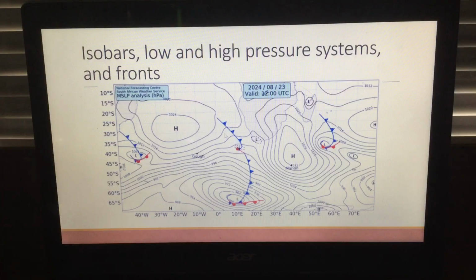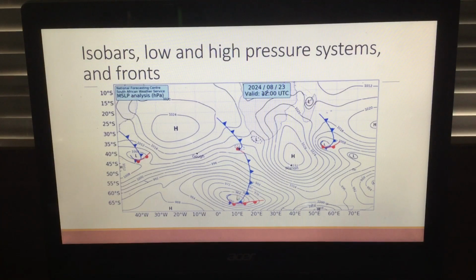Isobars. The first thing that you might have noticed is there are these weird lines going on there. You can see these lines here and there, and these are called isobars. Each line represents a different amount of air pressure. Interestingly, you can remember this: the closer the isobars are, the higher the pressure difference is, and that means you have windier conditions.